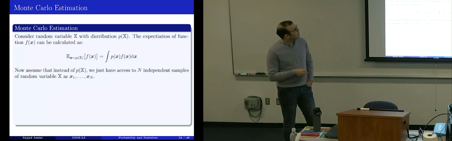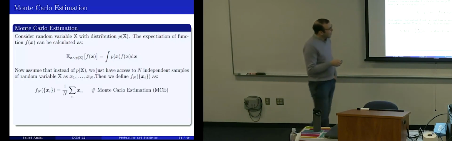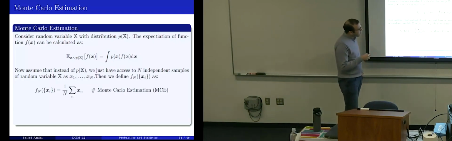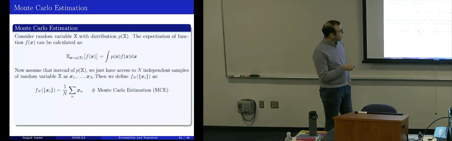So what does Monte Carlo estimation say? It says to define the Monte Carlo estimation as this. I made a mistake here. I should use f of x here. It is not xn, it is f of xn. Assume that I form this estimation.